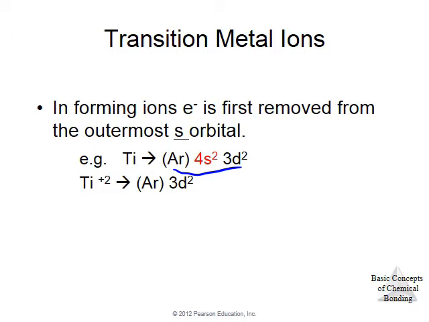Make sure you look at the periodic table when I'm going over this. When you want to get titanium plus 2, that means you need to remove 2 electrons. Those 2 electrons would not go from 3d, rather they would go from 4s. So that's the major difference between transition metal ions and non-transition metal ions. They usually go from the closest s subshell rather than the d subshell.